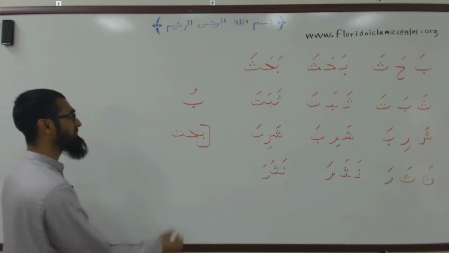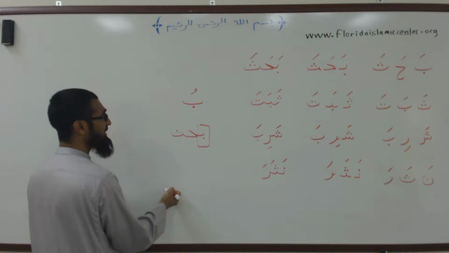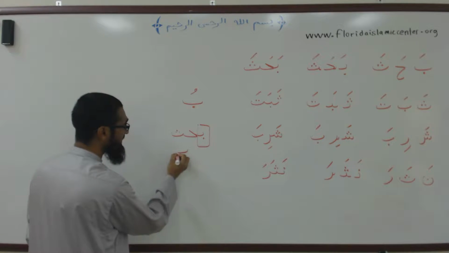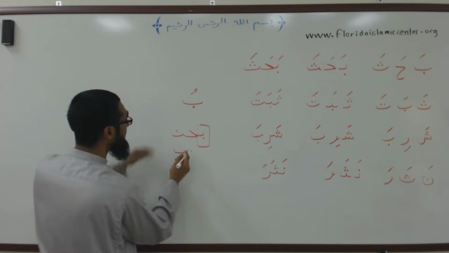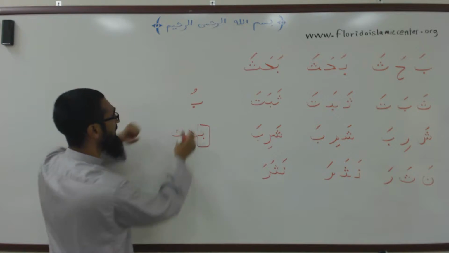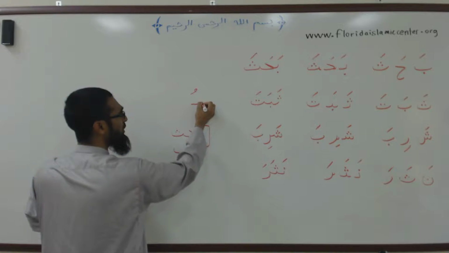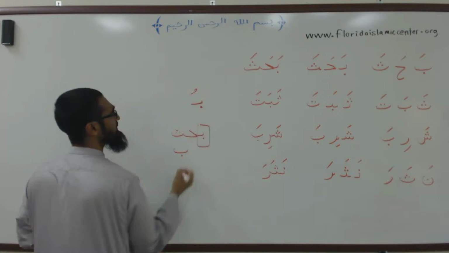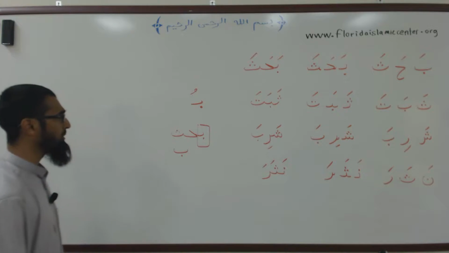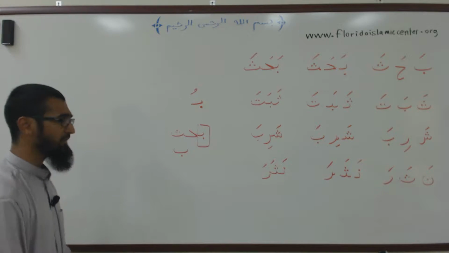So notice it didn't look like this, but instead this part got chopped off and the dot went right below this little stroke, which is called a nabira. The stroke right here is called a nabira, this area. And that's how the ba looks in the beginning, just like that.